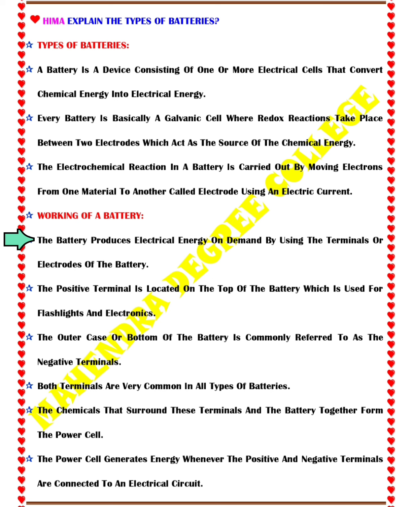The battery has two ends called terminals, that is, positive and negative. These terminals are connected to the electrodes inside the battery. When you connect a wire or a device to the terminals, electrons flow through and electrical energy is delivered.